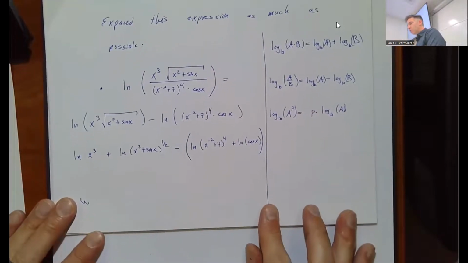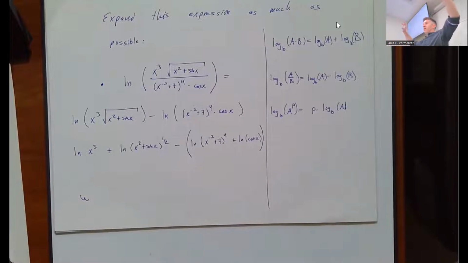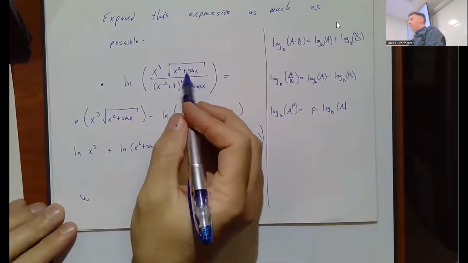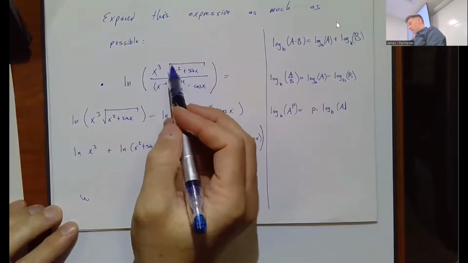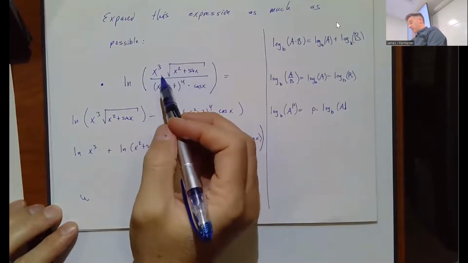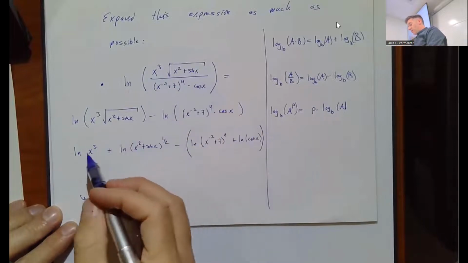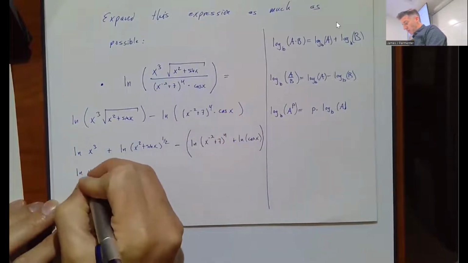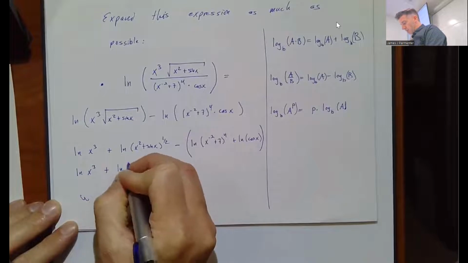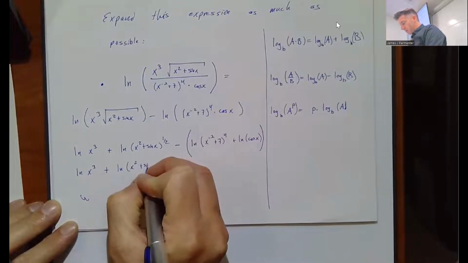So here's what I usually say when I'm expanding a logarithm of a complicated thing into many pieces. My top factors in this fraction are x cubed and the square root of x squared plus sine x. All those top factors end up with positive coefficients, at least until I bring down any powers.